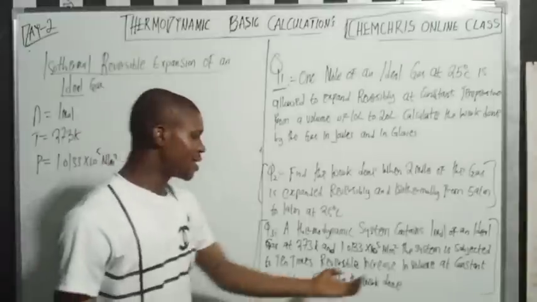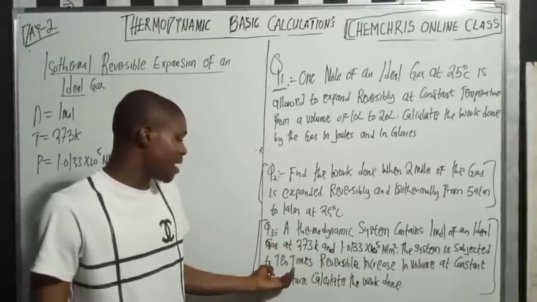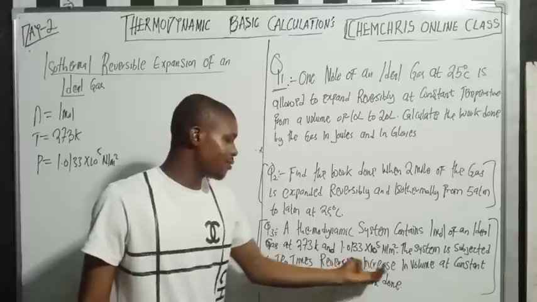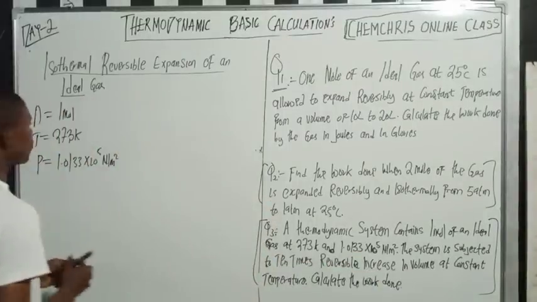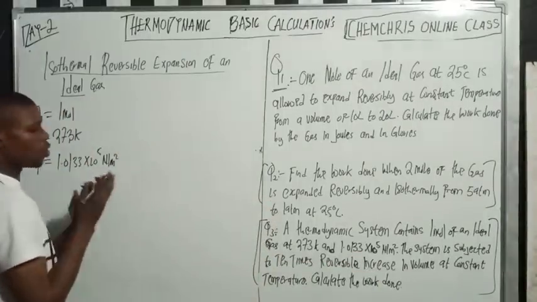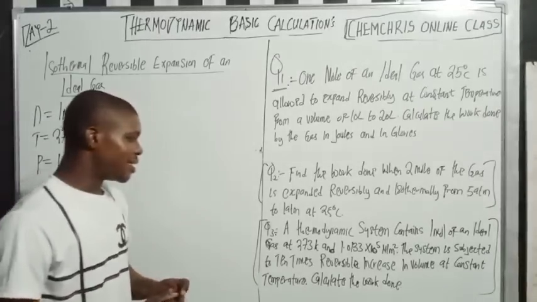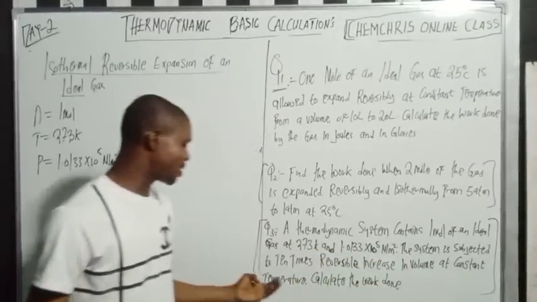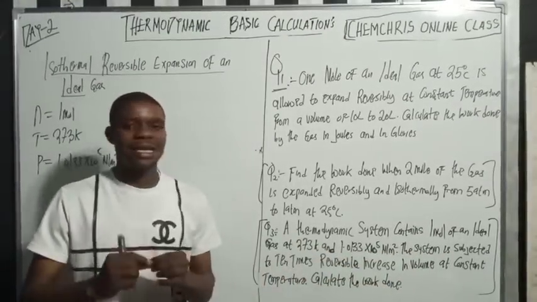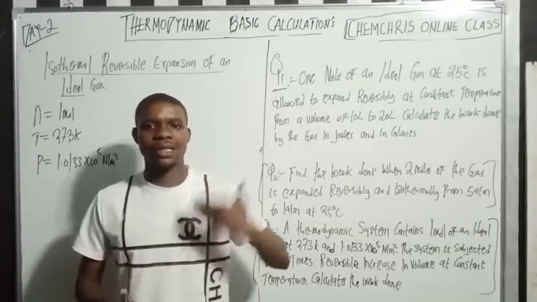Now, the system is subjected to a 10 times reversible increase in volume. Because they didn't give you the volume, but they say the system is subjected to 10 times, that means the final volume is 10 times the initial volume.